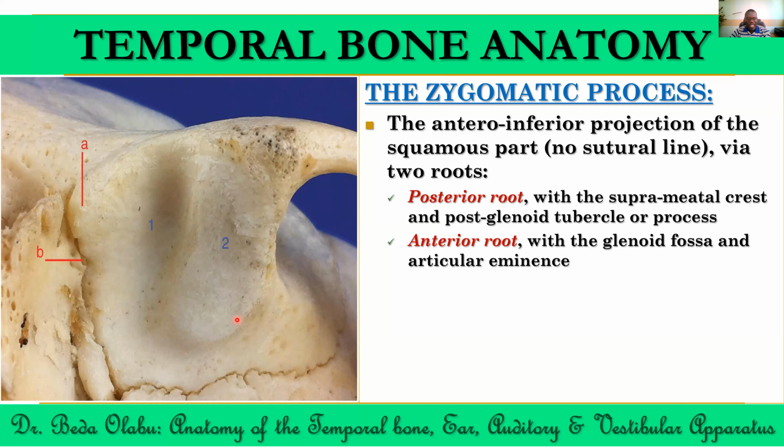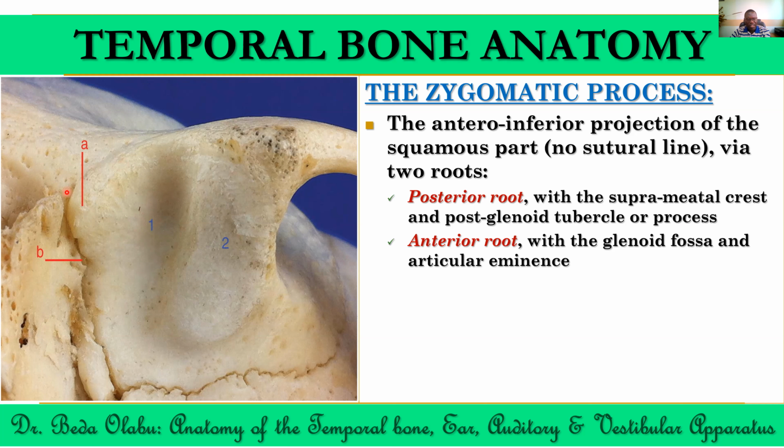You perhaps may not see that nicely from that view, but this one shows you better. So this is the zygomatic process, the inferior view of it. This is the articular eminence. This articular eminence is the one that prevents anterior dislocation of the head of the condylar process at the TMJ. And this is the glenoid fossa, the point where the condylar process of the mandible rests.